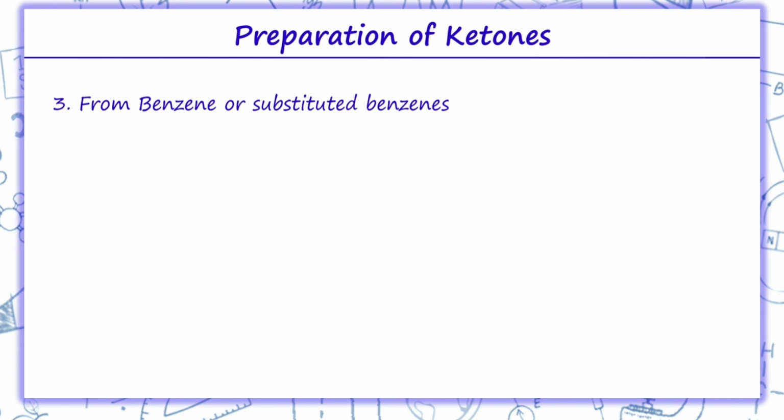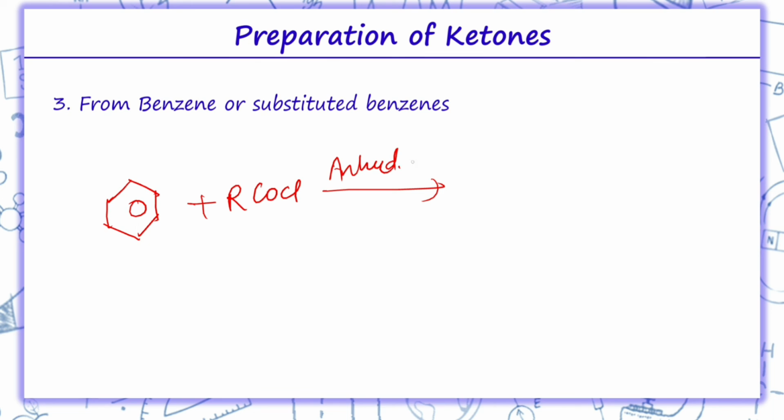The last reaction for preparing ketone is from benzene or substituted benzene. So, benzene or substituted benzene is treated with acid chlorides, that is RCOCl, in the presence of anhydrous AlCl3.